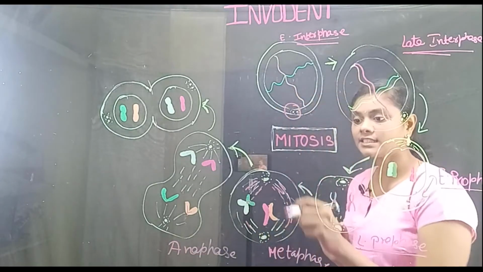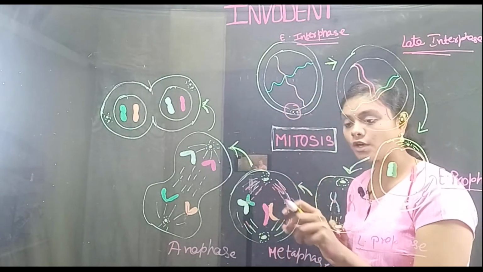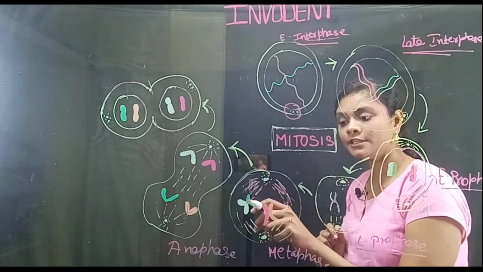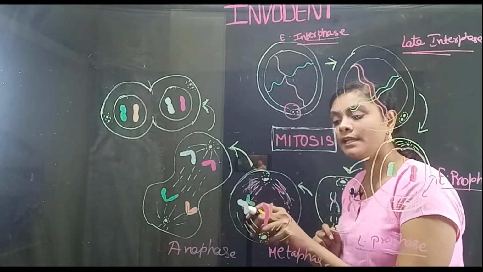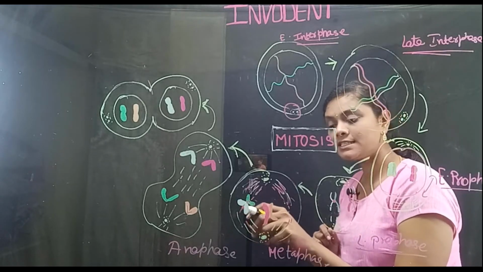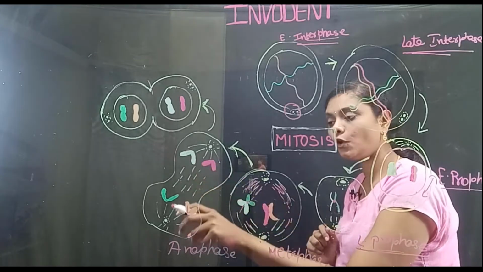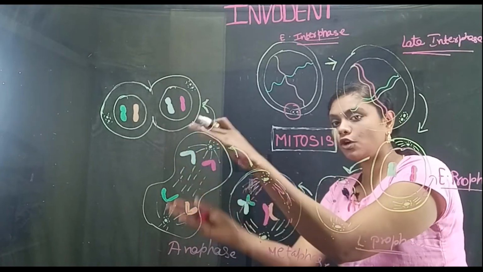So in metaphase, the centrioles will give us strong spindle fibers to each chromosome, and individual chromatids will be attached to the spindles at the centromere, and there will be a longitudinal split.